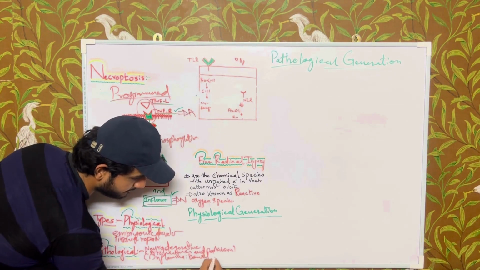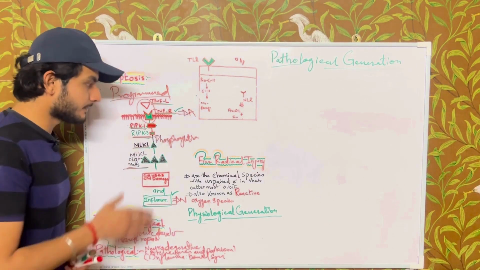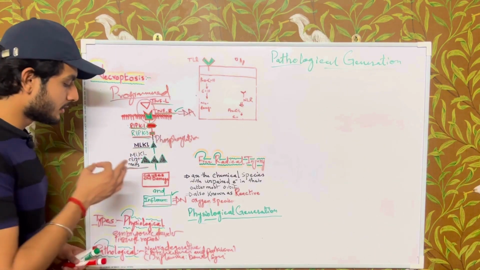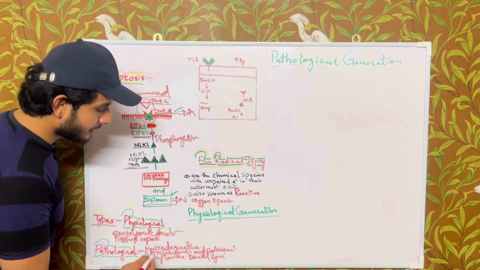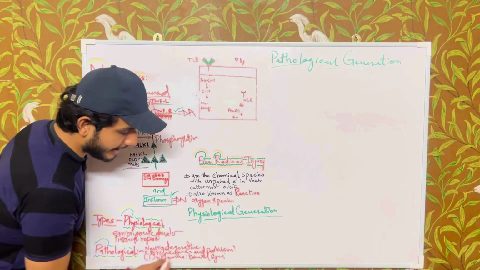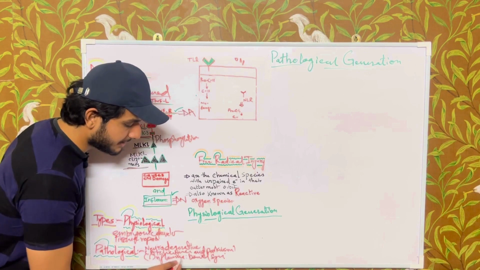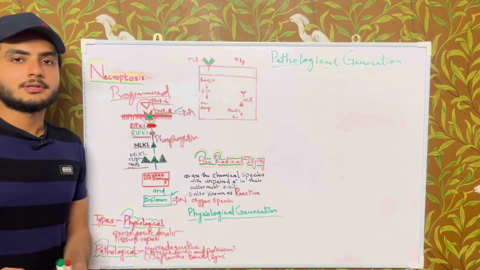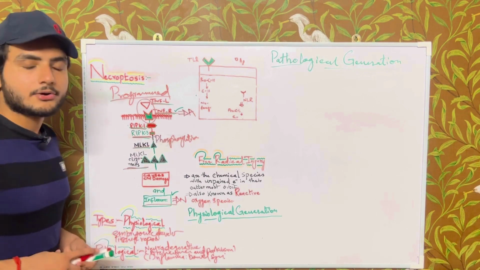So due to the dysregulation of necroptosis, various anomalies develop, which include neurodegenerative pathologies such as Alzheimer's and Parkinson disorders. Also, there will be the development of inflammatory bowel syndrome. So this was all about necroptosis.